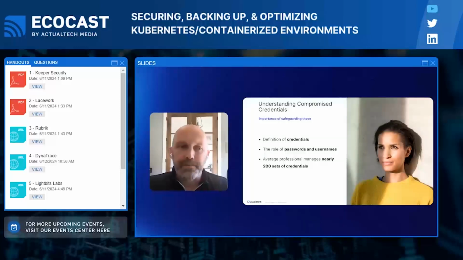I can barely remember all of my children's names on a daily basis, right? Remembering 200 sets of credentials is nearly impossible, and when you ask them to be complex on top of that, it makes it even more difficult. That's why we've seen people start to use password managers and reuse passwords.